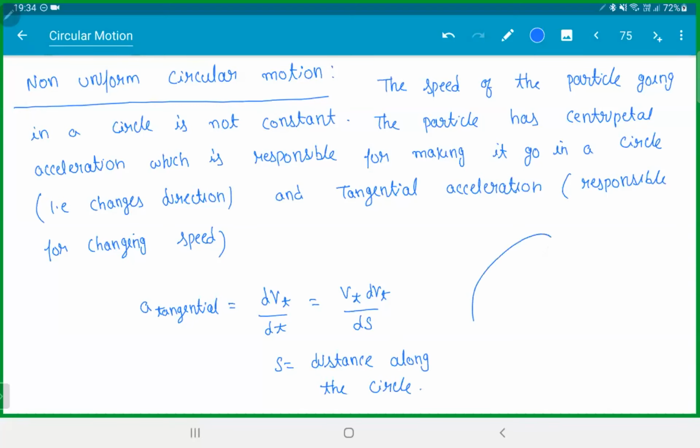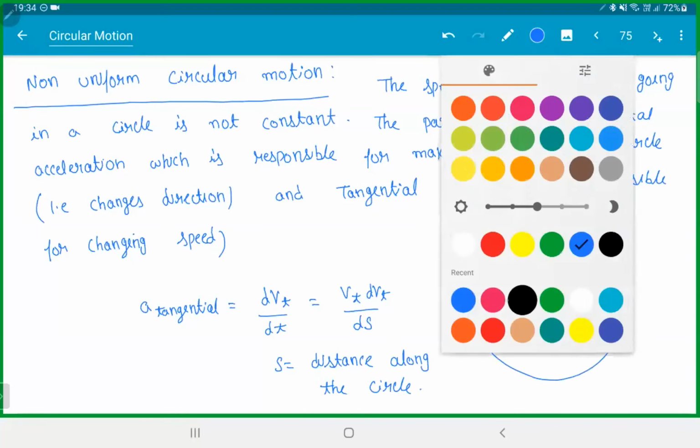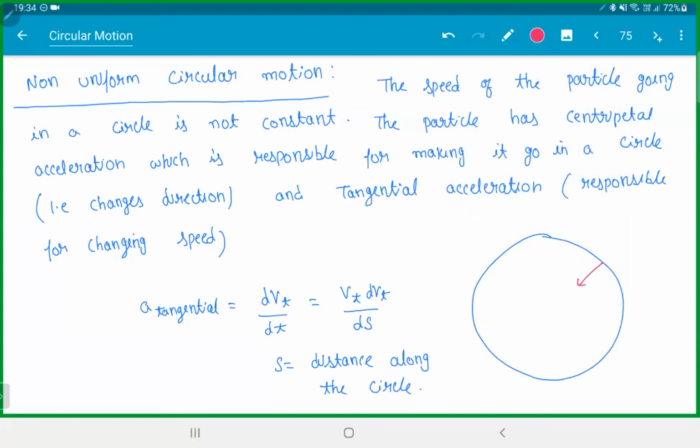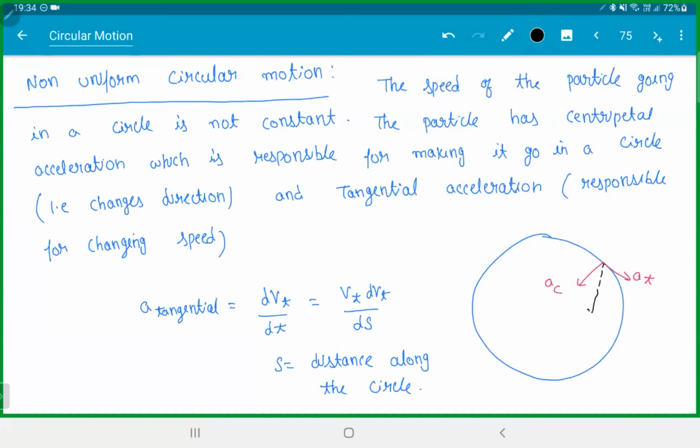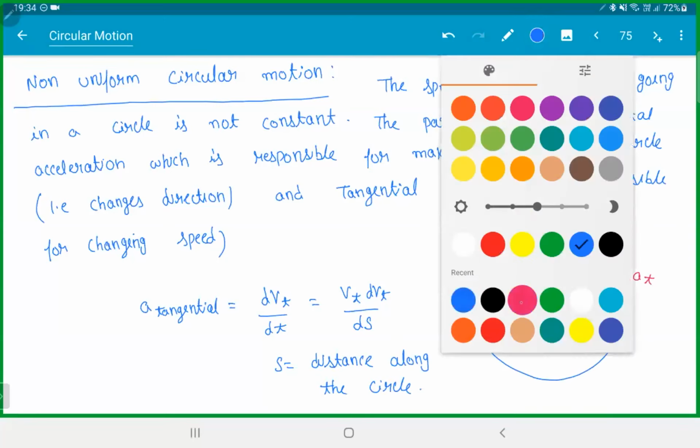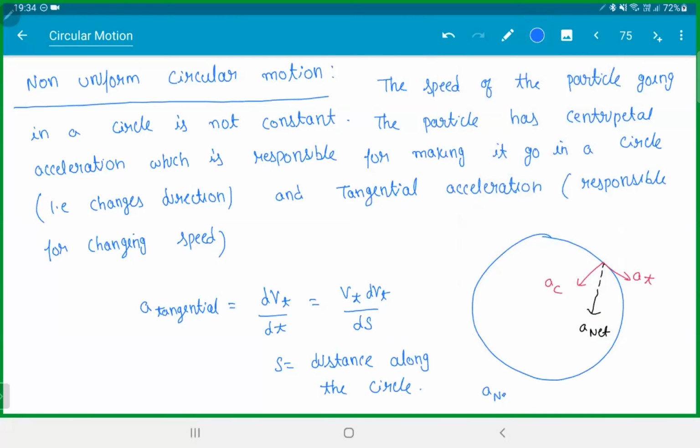So whenever this guy is going in a circle, at any instant it will have a centripetal and also a tangential acceleration. The resultant is the A net acceleration. If someone asks you to find the acceleration of a particle going in a circle, remember it has two accelerations.